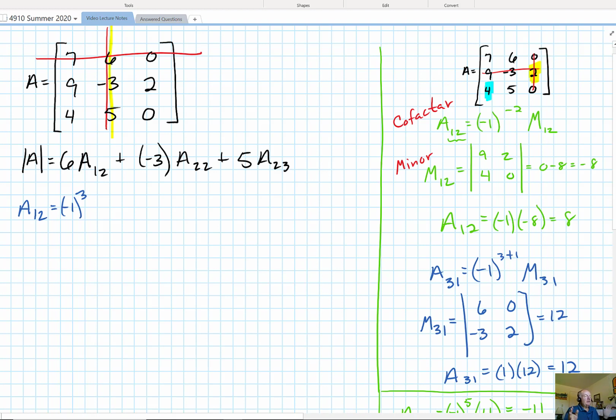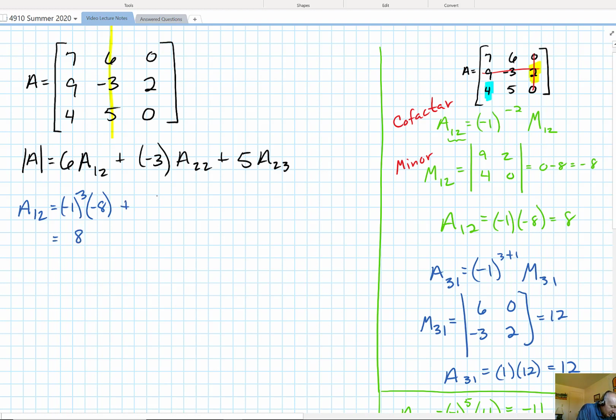So 9 times 0 is 0, minus 2 times 4 is negative 8. So 0 minus 8 is minus 8. Of course, we know that's going to turn into an 8 when it's all told.